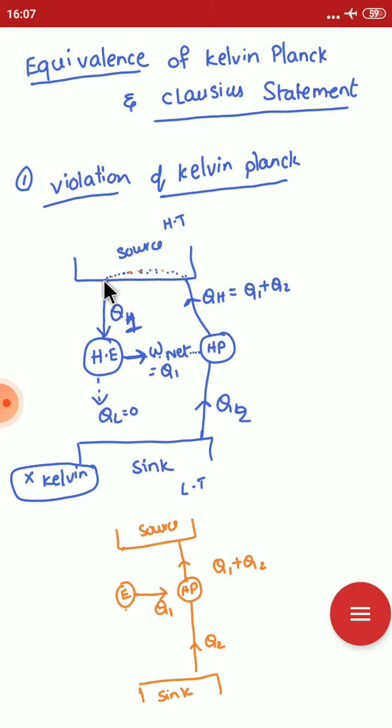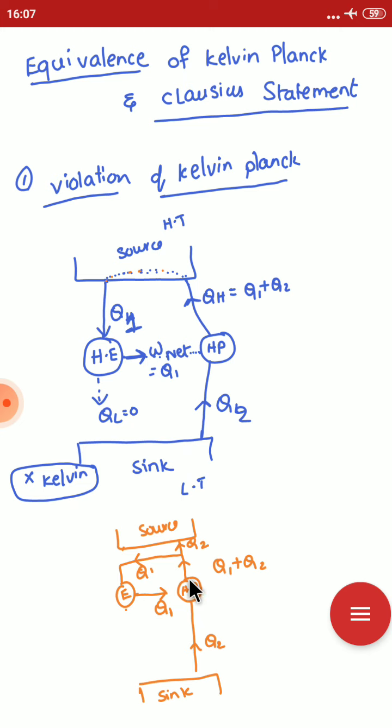Anyhow, it is collecting Q1 amount from the source. So if you bypass this, it is the Q1 amount of heat. The rest, Q2, is rejected to the source.